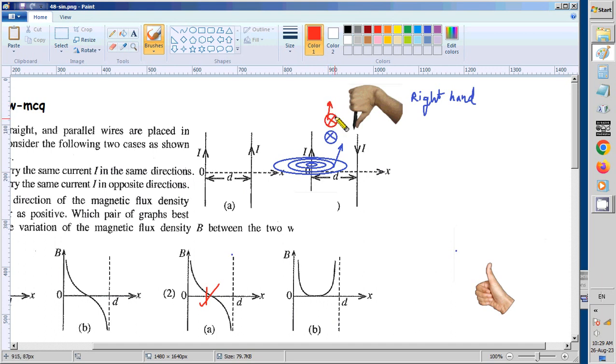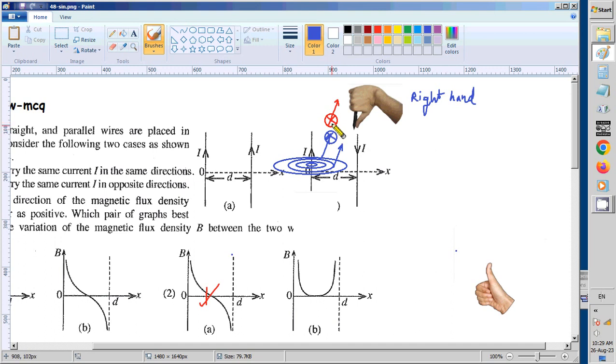So we see the back of the arrow. We don't have to talk about this side because they have not drawn there. So now you see both the wires supply magnetic fields towards the paper.